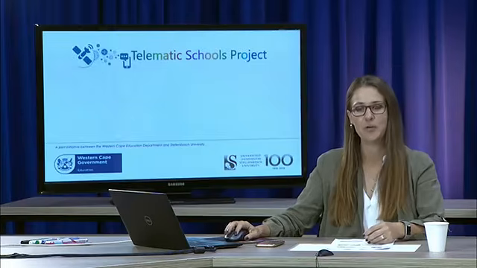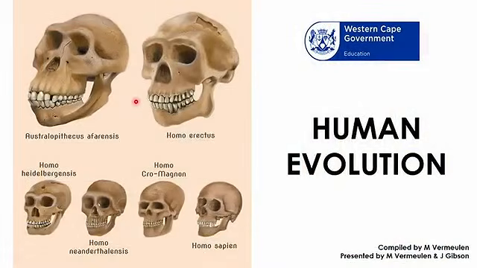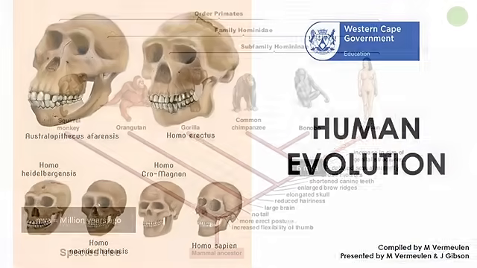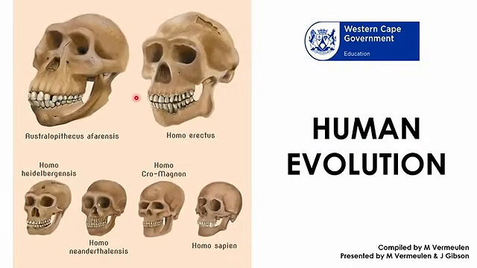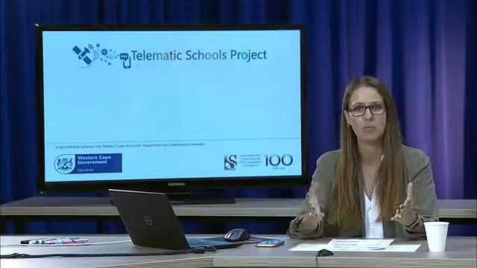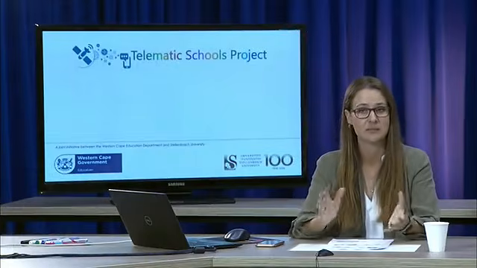Right, so in your evolution module, you will obviously have seen that we will be covering quite a bit of work this year. One of the items that we will be covering will be the hominin fossils, the different types of species.